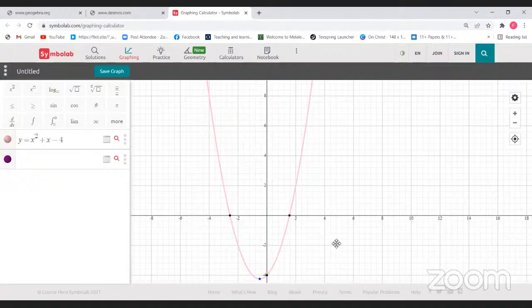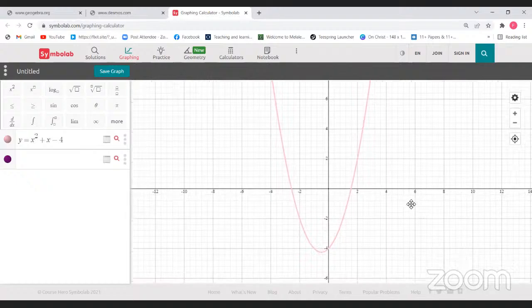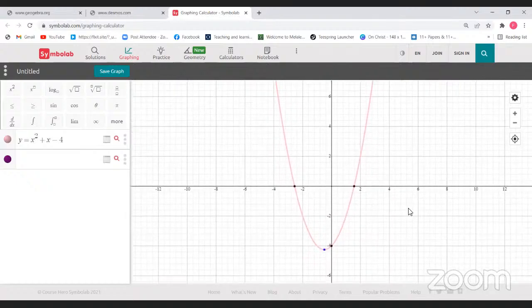All right. So looking at it, this is what it would look like when you graph it. And looking at it now, the turning point. Can you identify the turning point?